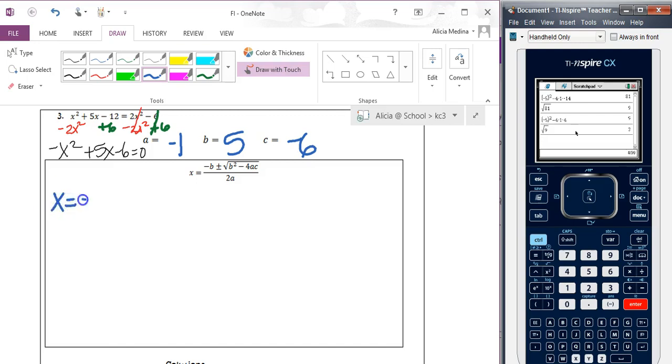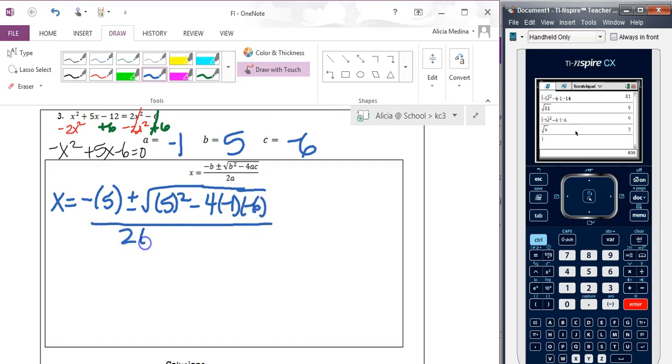So x equals opposite of b plus or minus the square root of b squared minus 4 times a times c, all over 2 times a. So negative times a positive is a negative 5 plus or minus square root.